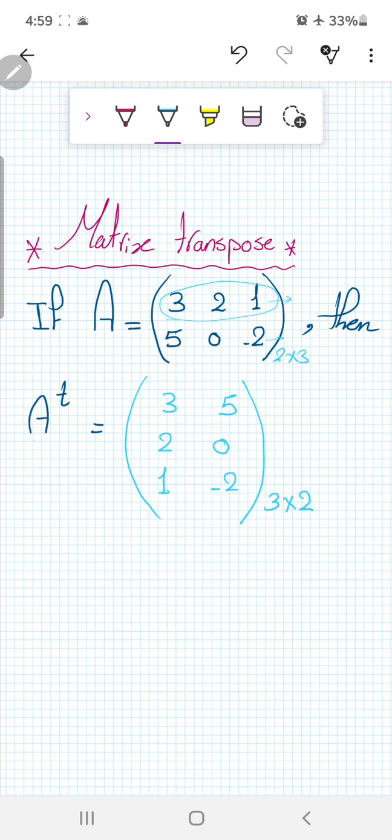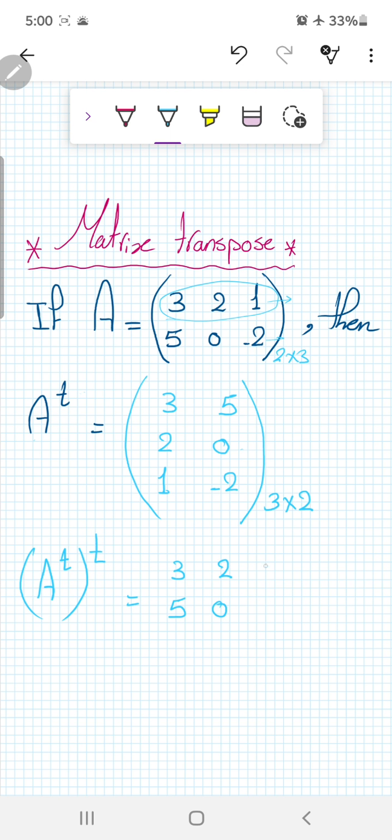Okay. What about the transpose of A transpose? So make this matrix transpose. As we said, make the first row a column. So 3, 5 will be a column. Second row will be a column: 2, 0.